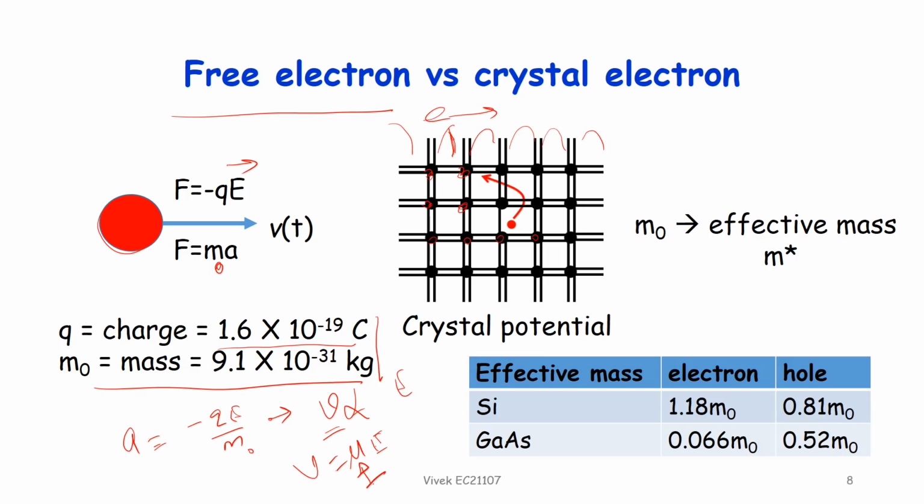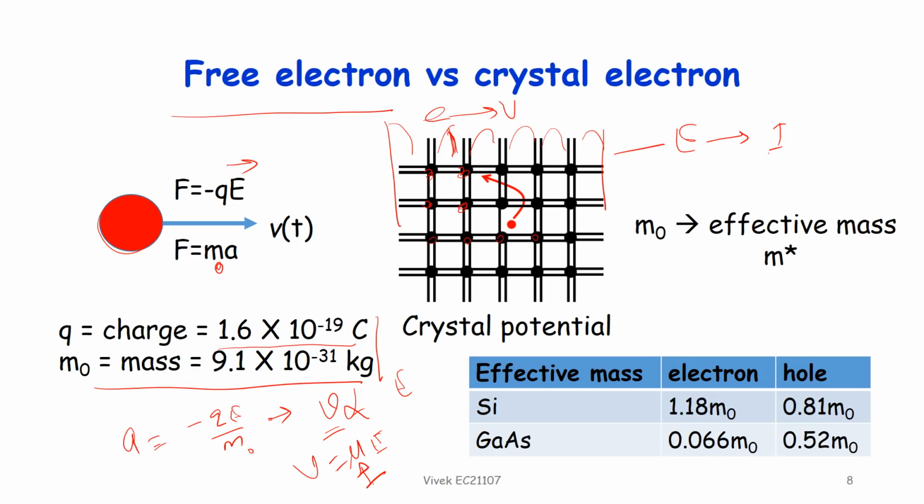Now we are not going to solve for the crystal potential itself. What we are worried about is that we want to apply a field and see what current will flow. If we apply a field, what current will flow?